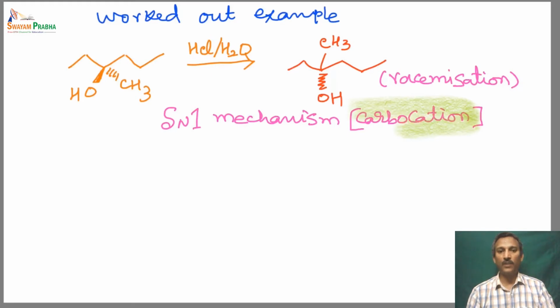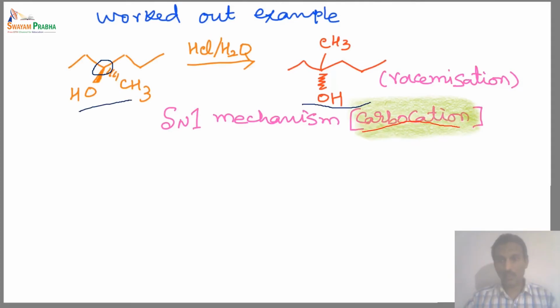As we had seen, this carbon is a tertiary carbon. The tertiary carbon generally undergoes reaction by the SN1 mechanism, and we have a planar intermediate. A planar carbocation is formed in this reaction.